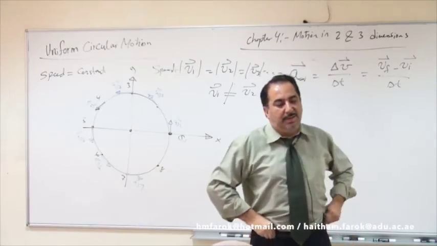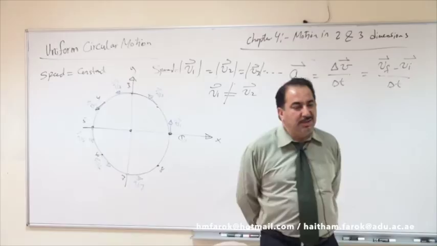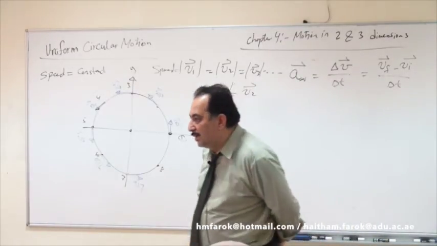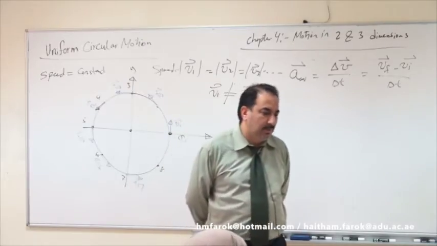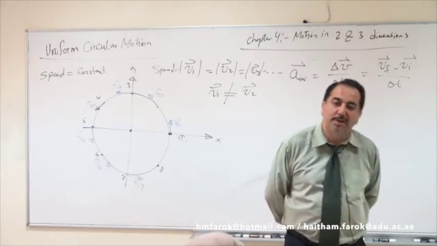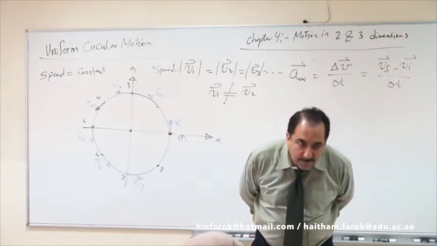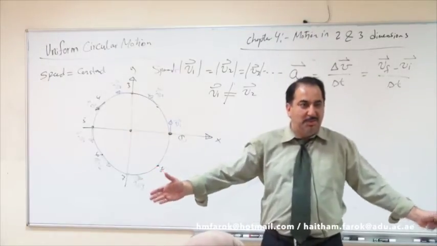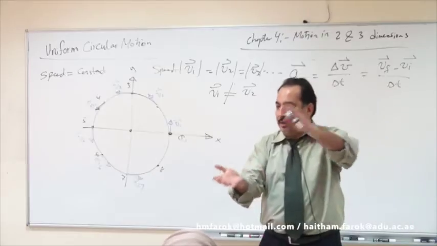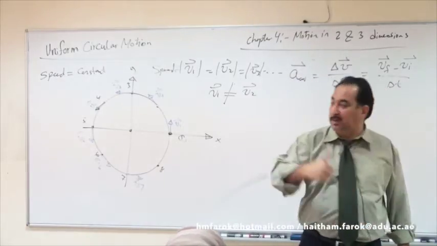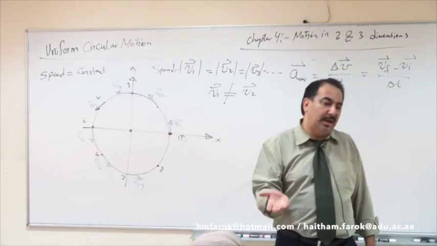So this is the second way. You can change the velocity direction, but you don't change the magnitude, the speed. Now you tell me the third way to generate acceleration. Both. If you change the magnitude, the speed, and at the same time the direction, then you can generate acceleration as well.